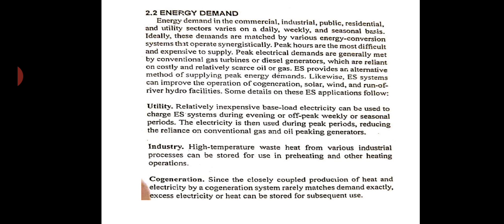Now we shall look at industrial energy demand. Energy is demanded by utilities, by industry, from the residential sector, and the commercial sector, public, and the demand varies on a daily basis, weekly basis, seasonal basis.